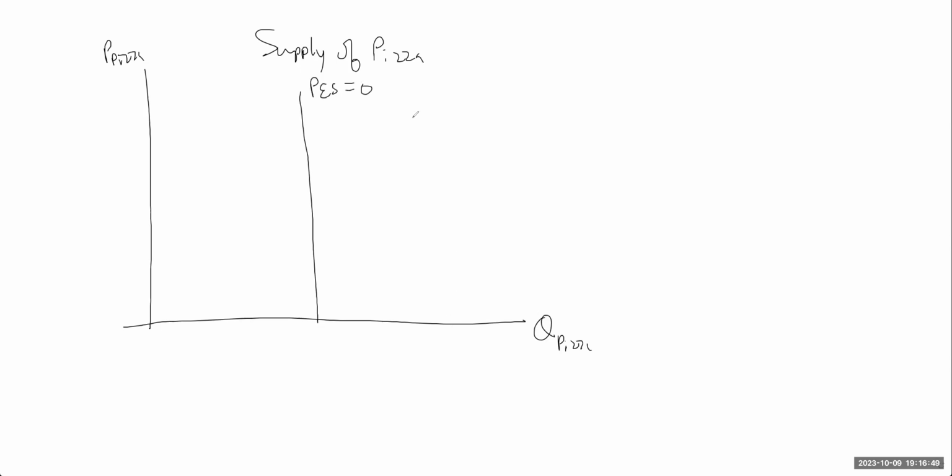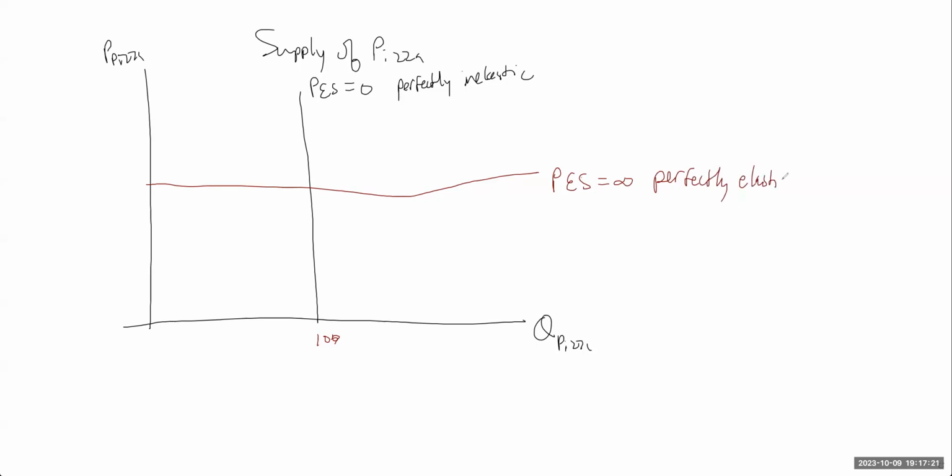Price elasticity of supply is equal to 0, or we call this perfectly inelastic. You do not respond to price changes. Price could be $1 a slice or $5 billion a slice. You just say, you know what, I'm selling 100 slices. I don't care. Opposite day to that, price is a horizontal line. Price elasticity of supply is infinity. Perfectly elastic. Okay.